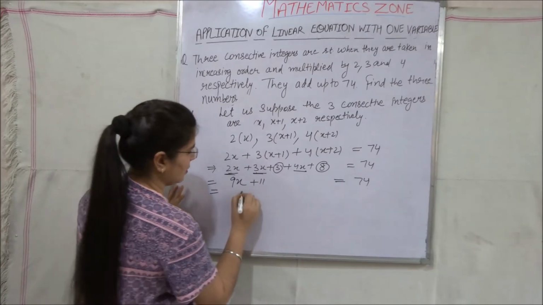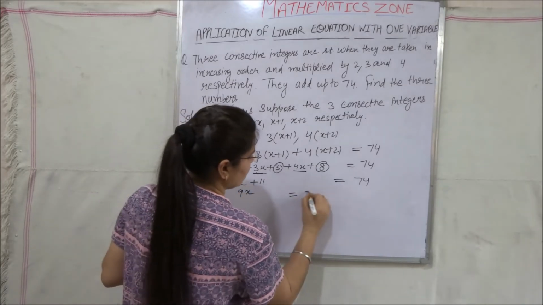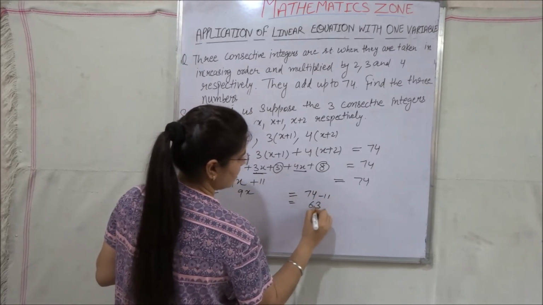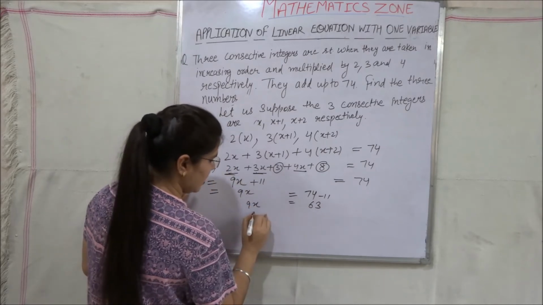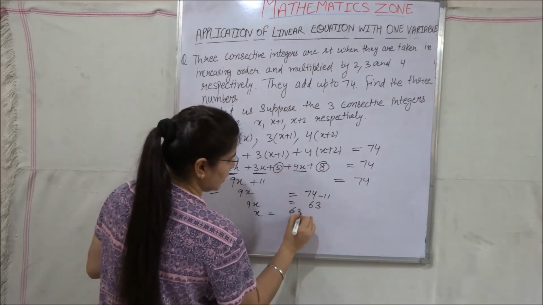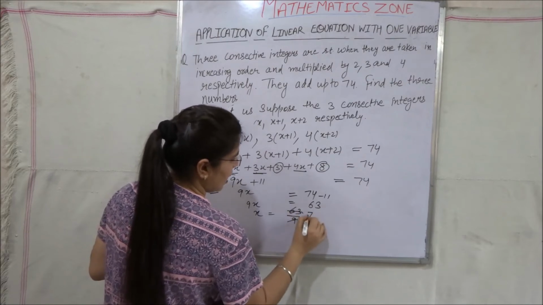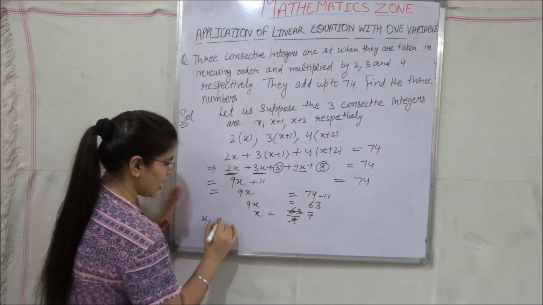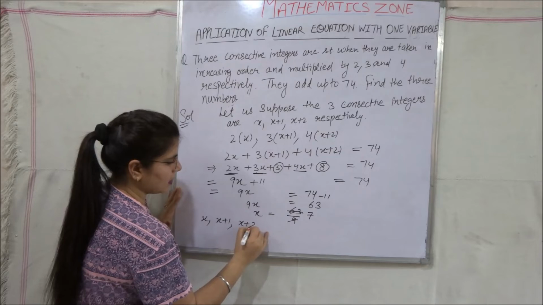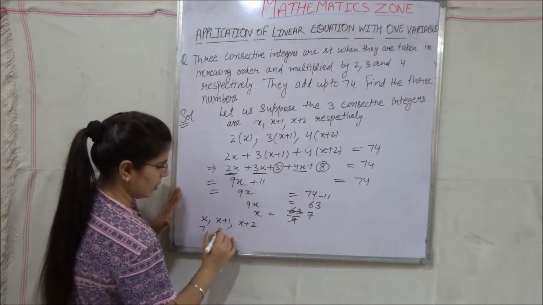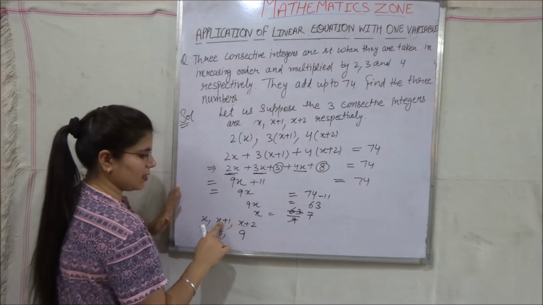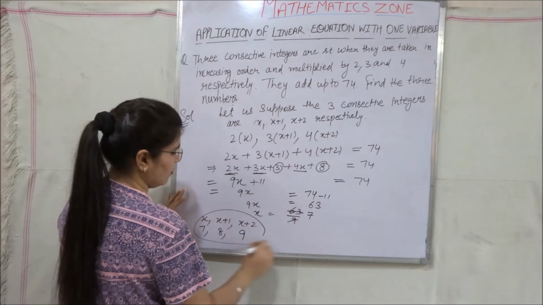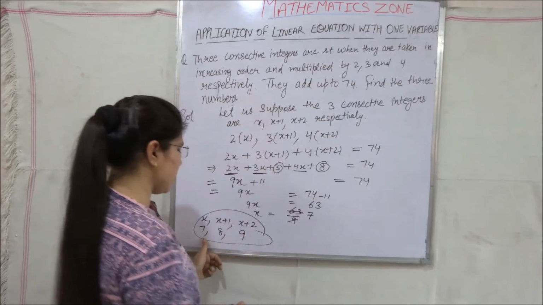Now 11 will be transferred to the right hand side. 74 minus 11 is 63. So 9x is 63. x is 63 divided by 9, so we get x equal to 7. Now the values of x, x plus 1 and x plus 2 will be 7, 8 and 9. x plus 1 is 7 plus 1, 8, and 7 plus 2 is 9. So hence we get the three consecutive integers as 7, 8 and 9.